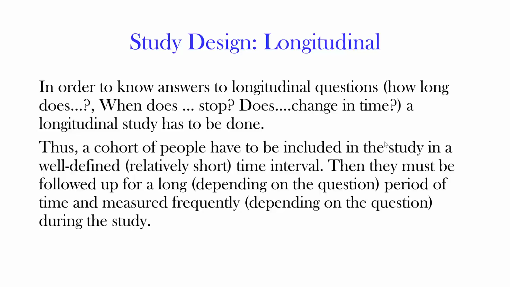So you start with a cohort of people who will be included in the study over a relatively short period of time, and you have to define what short is. Then those people must be followed up for a longer period of time. They must be measured several times throughout the study in order to see each individual's evolution during the disease.